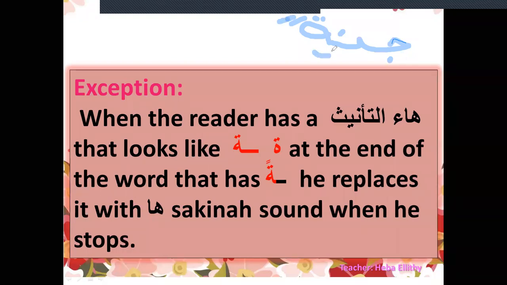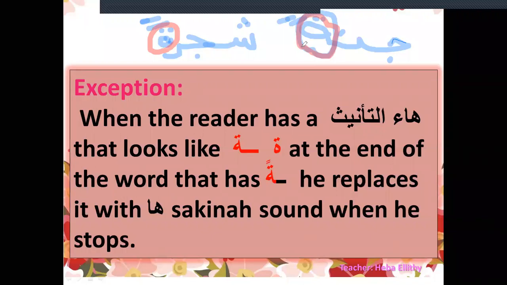Do you see this ta? In Arabic, we call it هاء التأنيث. If I have a word like شجرة, this ta at the end, this one we call هاء التأنيث in Arabic. تأنيث means female.